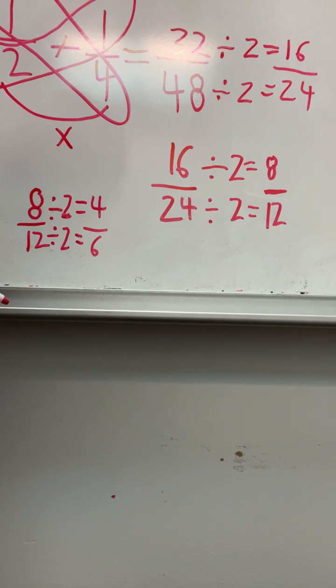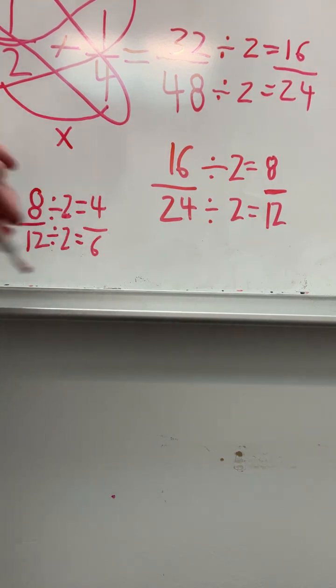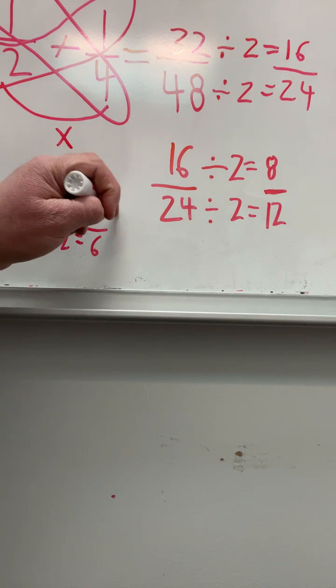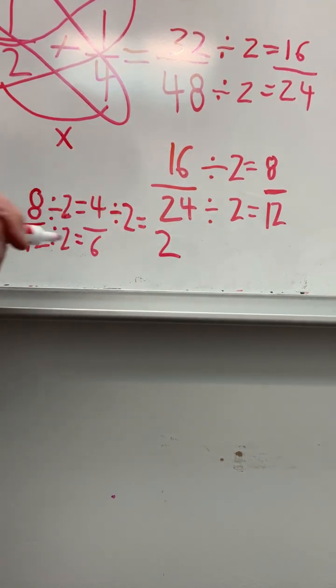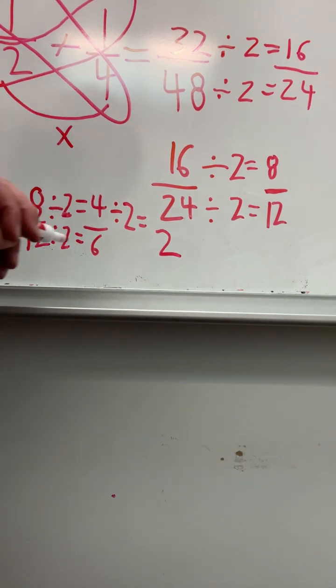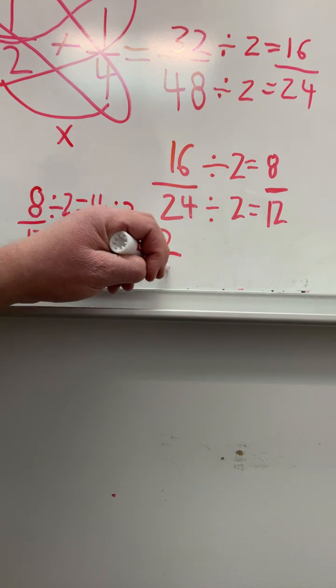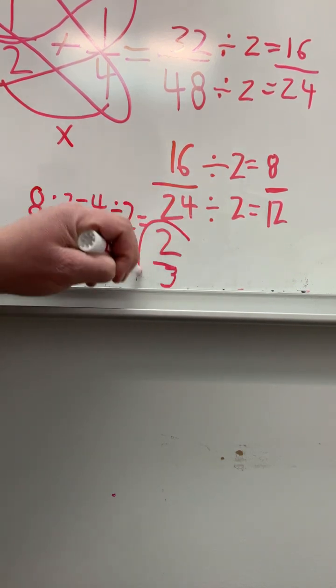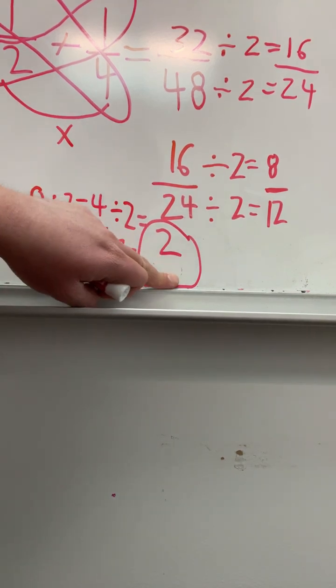And again, if we want to bring that down further, we can do 4 divided by 2 equals 2. And 6 divided by 2 equals 3. So 3/3 is our answer.